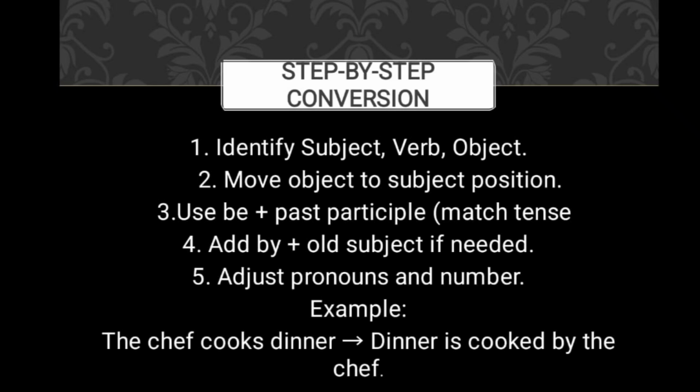Step 3. Use the correct form of be plus the past participle of the verb. Step 4. Add by plus the old subject if necessary. For example, the chef cooks dinner. It will become dinner is cooked by the chef.